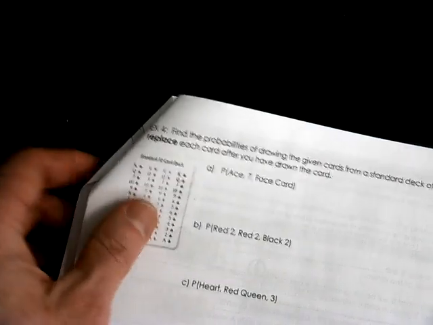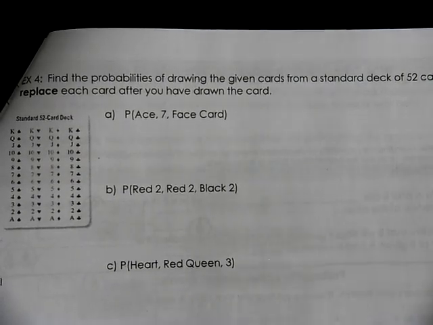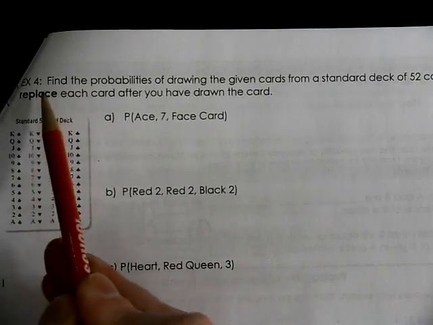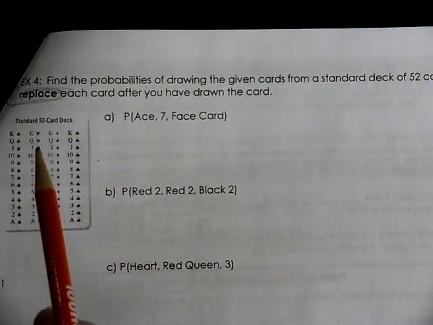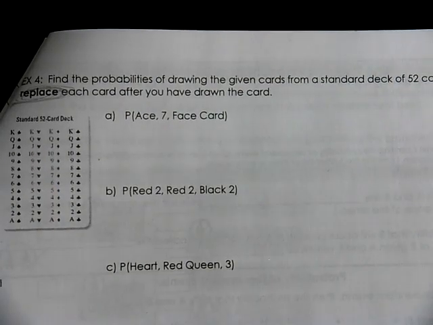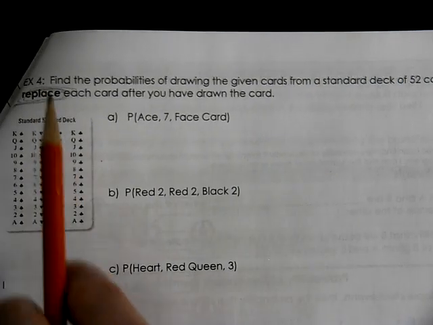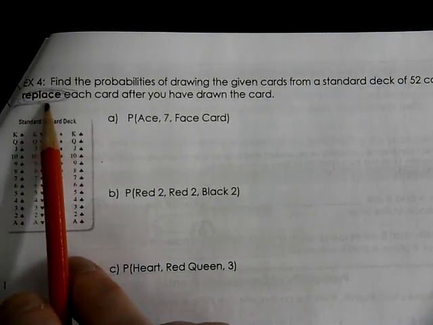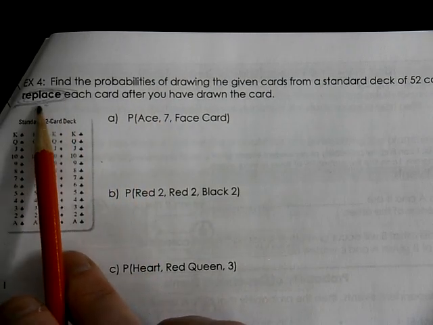Okay, on the flip side, we're looking at some card questions. This has 2 parts to it. First, you need to understand that we are replacing the card back into the deck. So you're going to receive 1 card. Then you're going to put it back in the deck. Then you're going to receive a 2nd card and put it back in the deck.